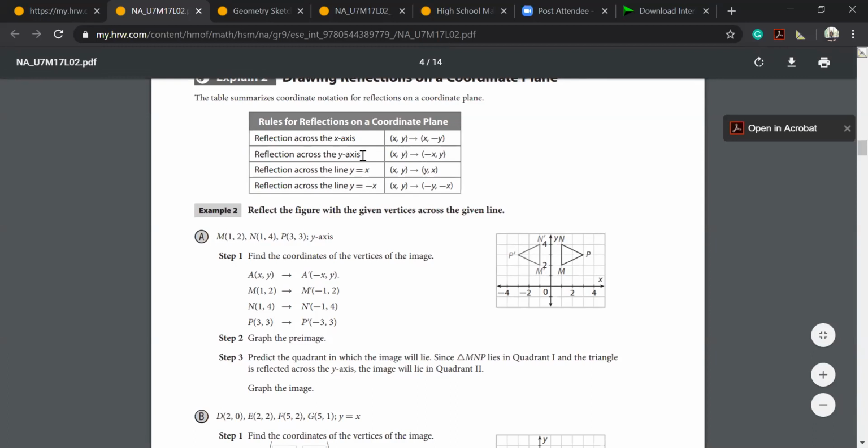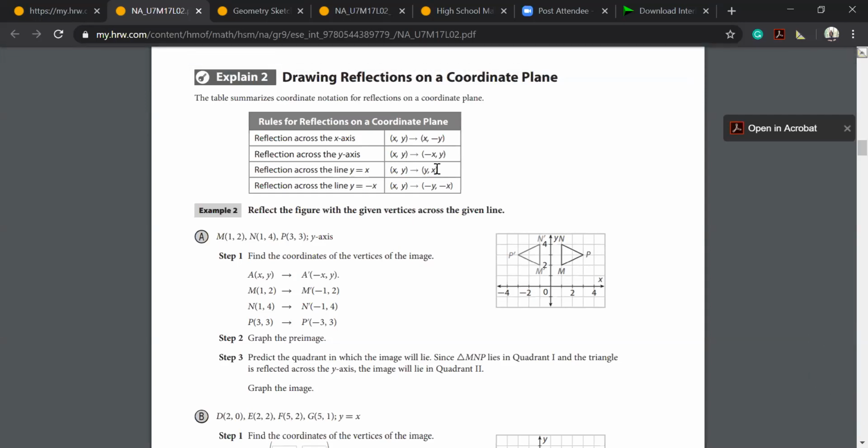What about the second two rules? For the second two rules, you are going to copy them as they are. What do I mean? I am reflecting across y equal x, right? So x and y becomes y and x, which means I just flip the two coordinates.